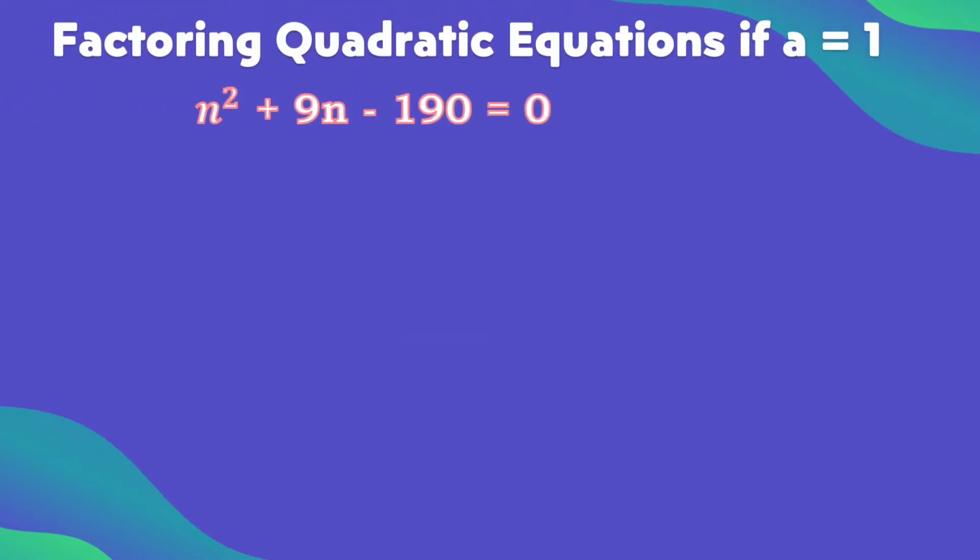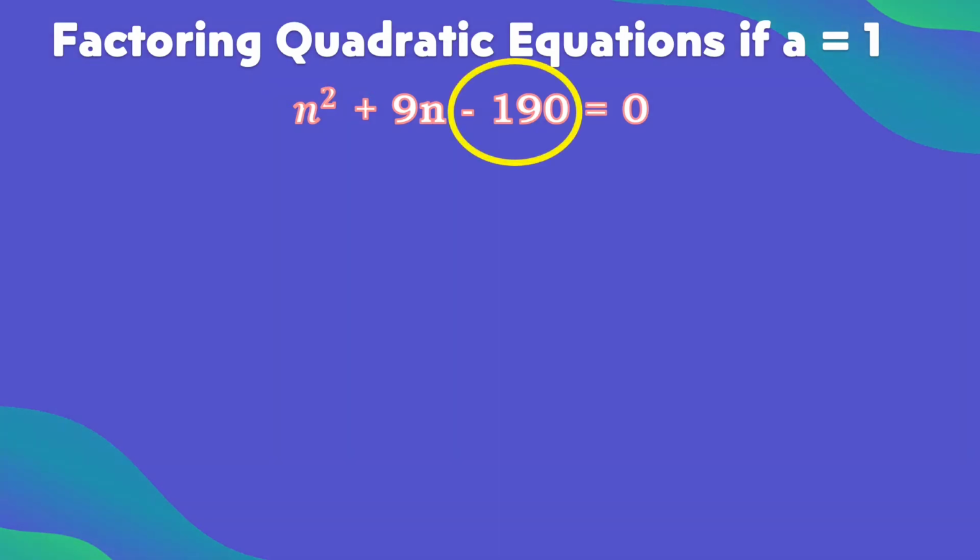But how do we factor quadratic equations if a equals 1? So the resulting equation a while ago is n squared plus 9n minus 190 equals 0. In this case, we will just factor the last term of the quadratic equation, which is negative 190.